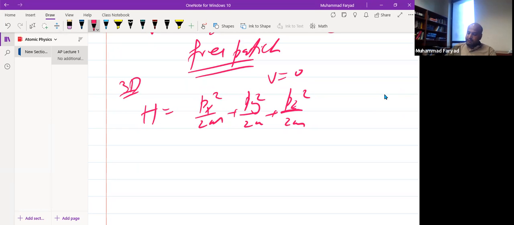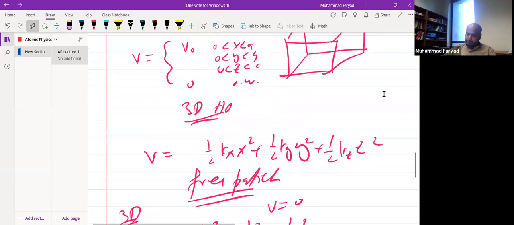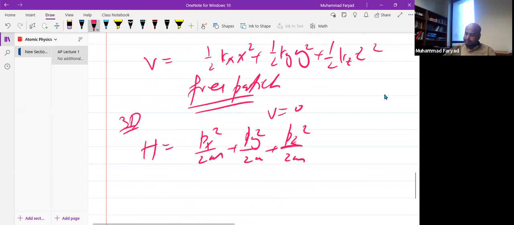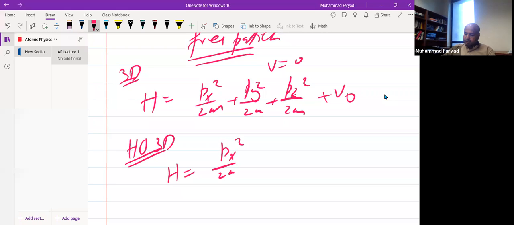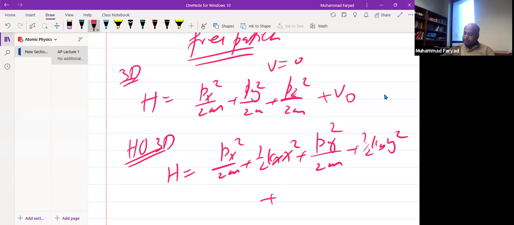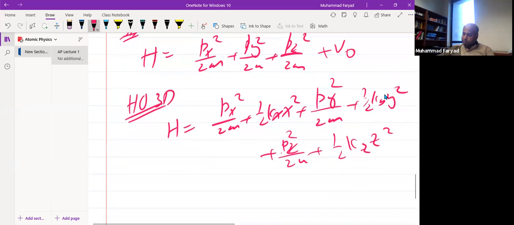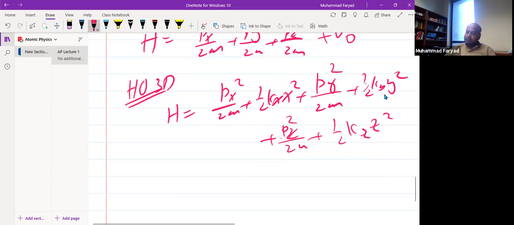So for the 3D box, we have this constant term, and I can add this constant to any of them. Or for the 3D harmonic oscillator, we can have H like this: px square over 2m plus half kx x square, py square over 2m plus half ky y square, plus pz square over 2m plus half kz z square. Even if we have a free particle, there would only be terms like these momentum terms and no potential term.